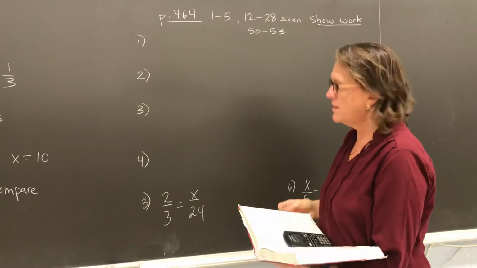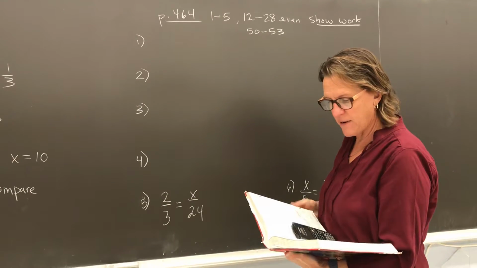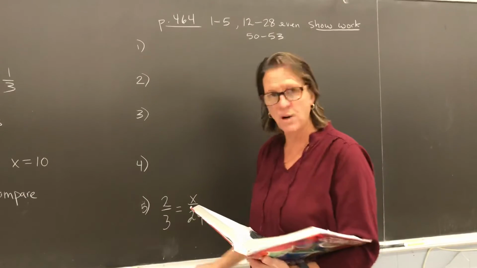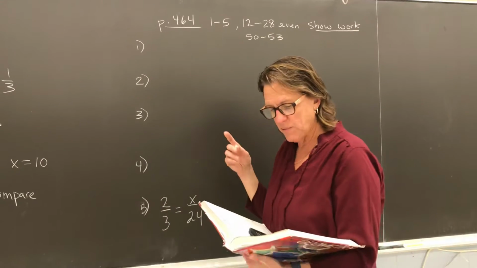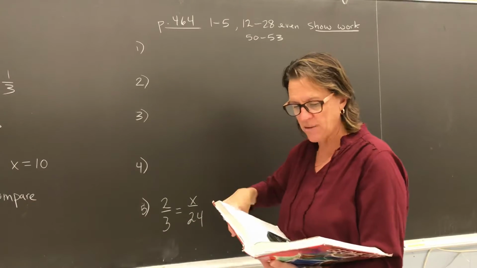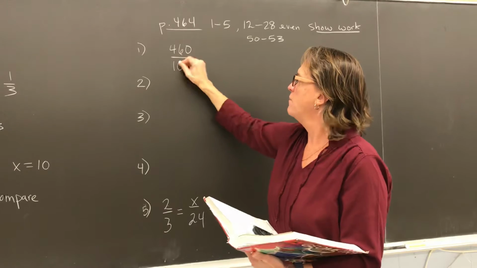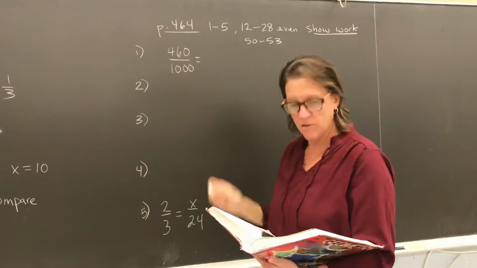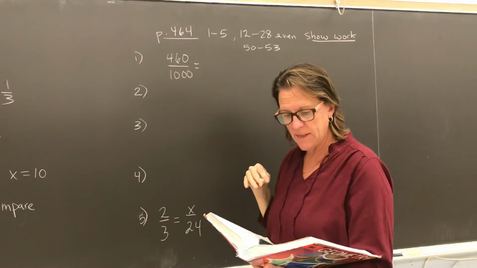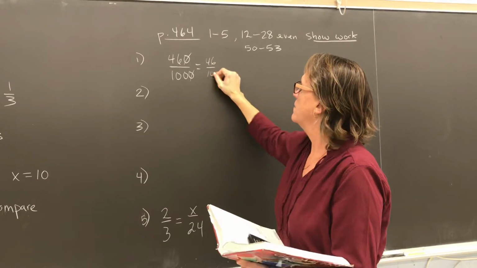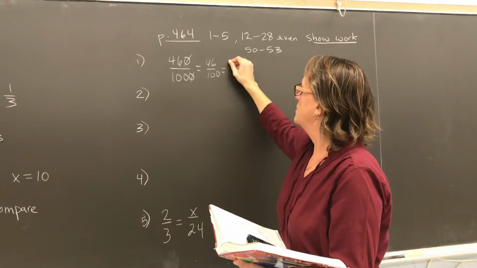All right, so number 1, it says, out of a survey of 1,000 households, 460 had at least one dog or cat. What's the ratio of pet owners to households? So 460 had pets, over 1,000 surveyed. You just go through the words and see what's on the top and bottom. If I reduce that, I would get 46 over 100, divide by 2.